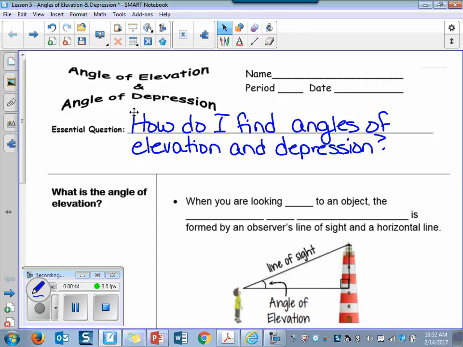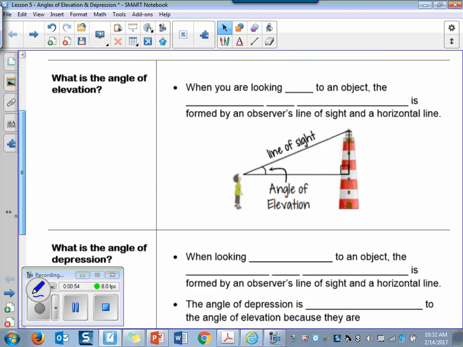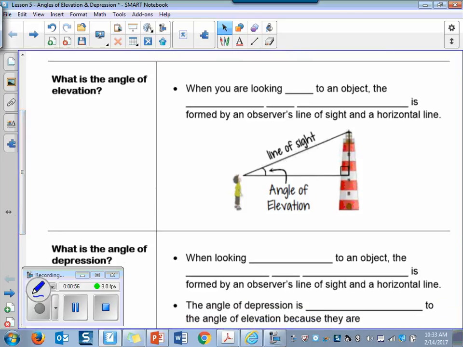Now, we are going to be using trigonometry, so take a minute, make sure that your calculator is in degree mode. Okay, two critical vocabulary words here: angle of elevation and angle of depression. So what is the angle of elevation?